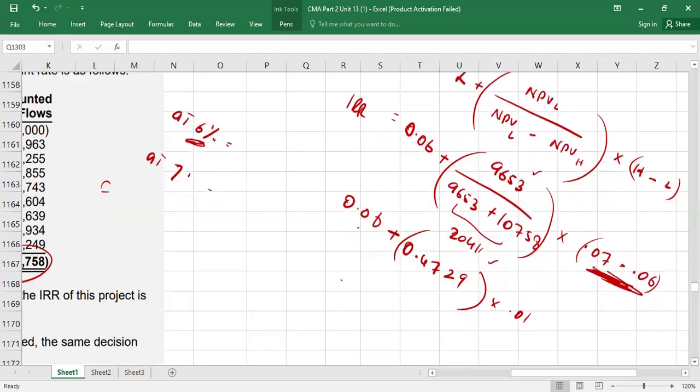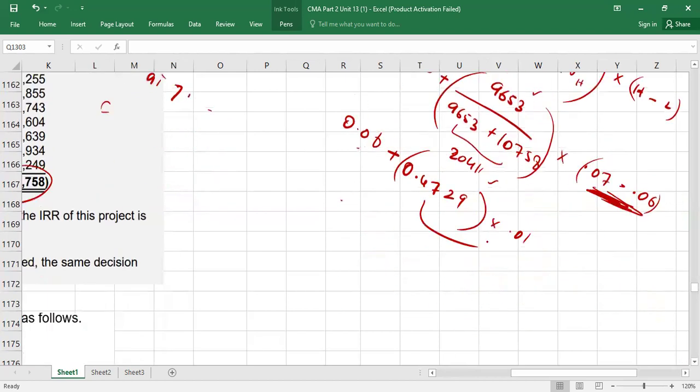So now you will multiply these two values, 0.01 multiplied by 0.4729. You will get 0.004729, plus 0.06.